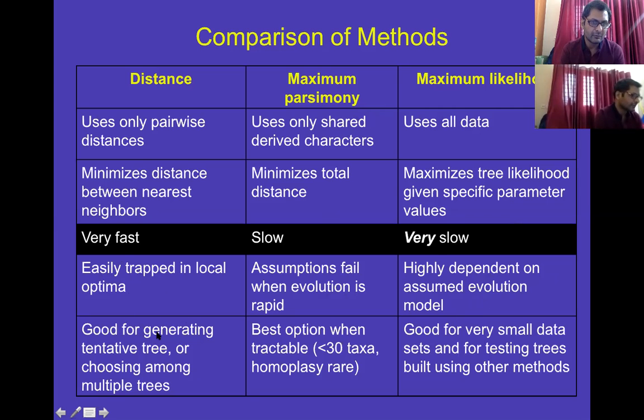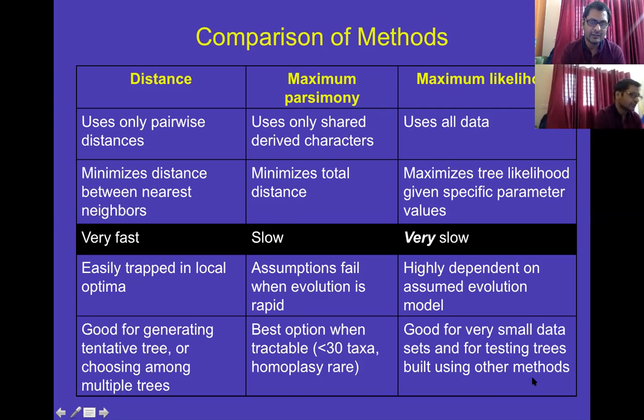For neighbor joining, it is good for generating tentative trees or choosing among multiple trees. Maximum parsimony is the best option when tractable, meaning when the number of samples is less than 30. It is good for very small data sets and for testing trees built using other methods.